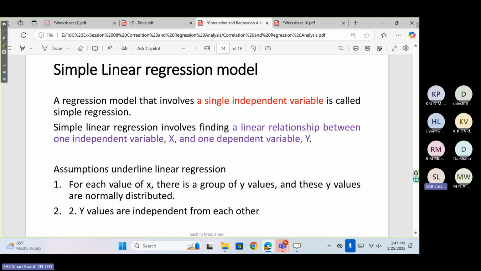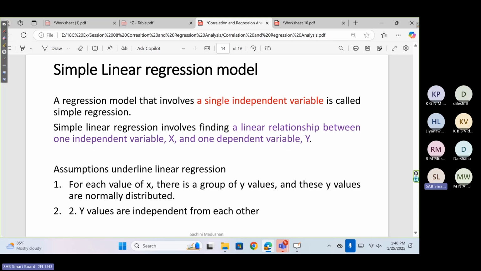There is no relationship between the values of the dependent variable. Then we can construct the simple linear regression.